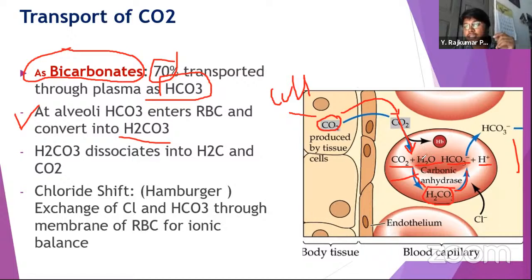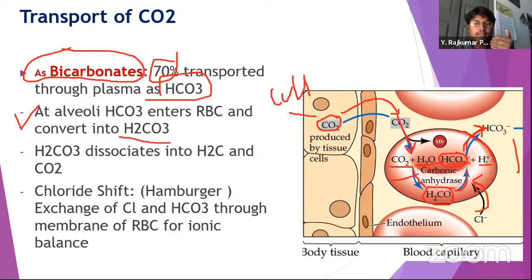Remember, carbon dioxide is converted into H2CO3 and divided into HCO3 minus plus H plus with the help of an enzyme called carbonic anhydrase. This HCO3 comes out of the RBC through the RBC membrane. So HCO3 which is formed is getting away from the RBC. At the same time, for effective ionic balance, the Cl minus ions are getting inside.